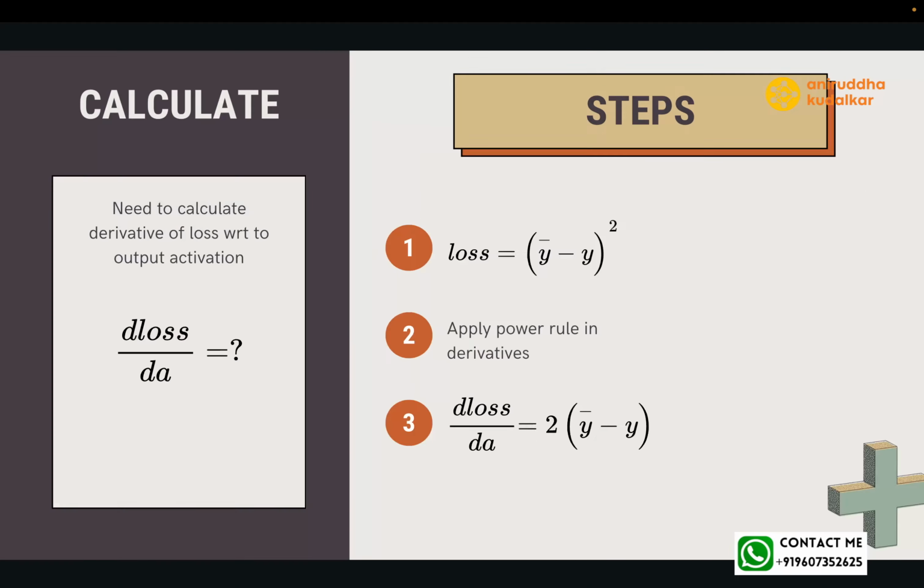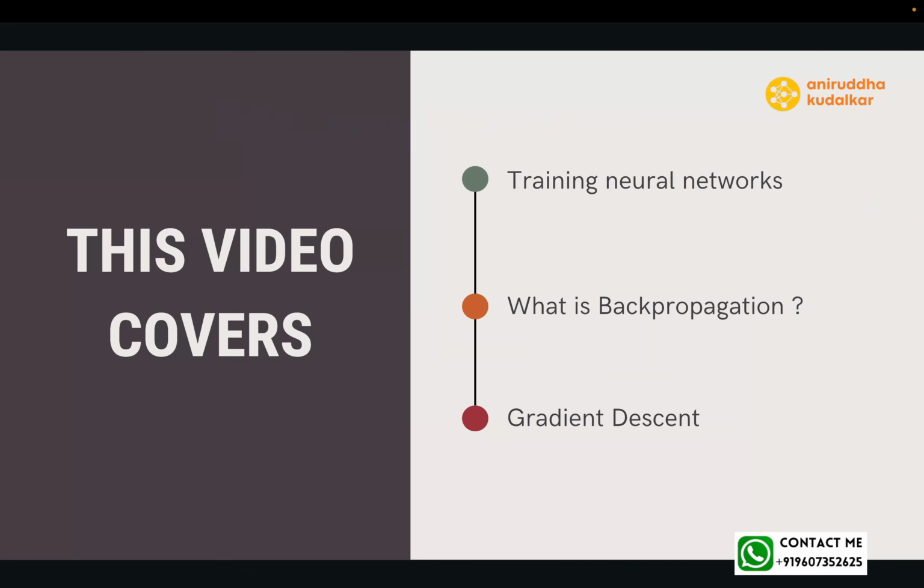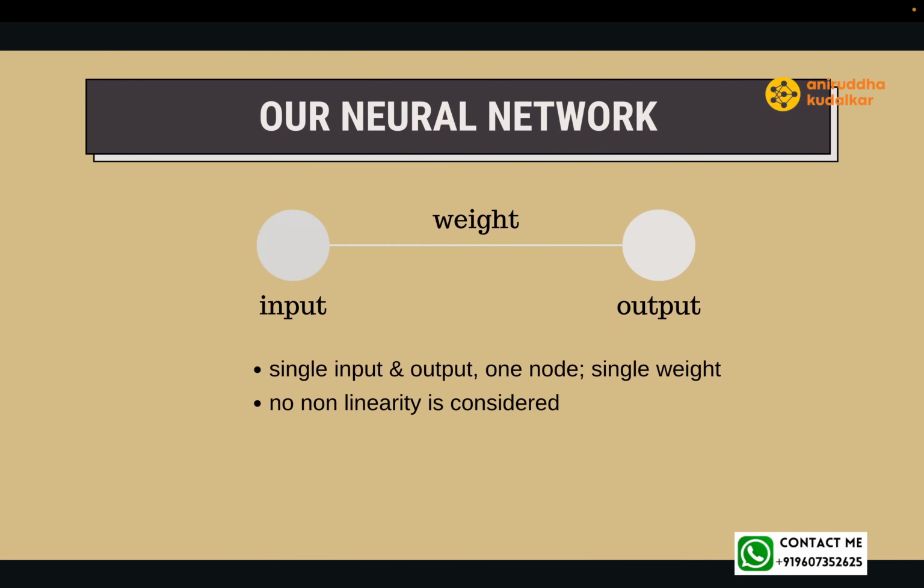Presently we have done this for one input and one output, but in actual neural networks there might be a lot of hidden layers in between, but the analogy is the same.